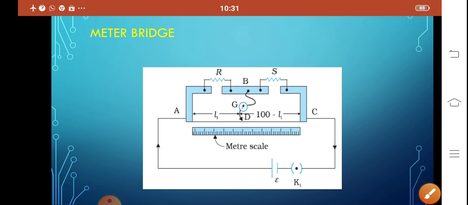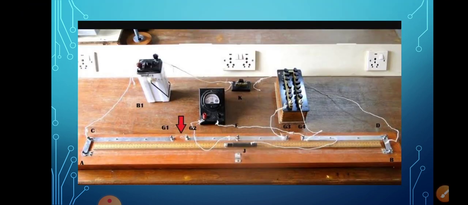Now we will use this meter bridge, and in the practical case it seems like this. You can use one battery. This galvanometer is connected. Experimental setup. This is a resistance box, and it looks like this meter bridge.